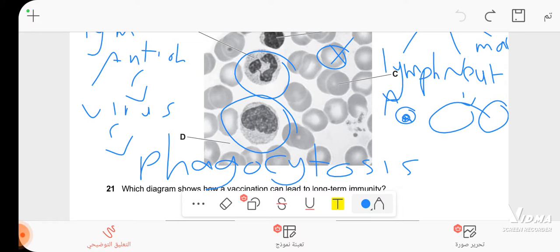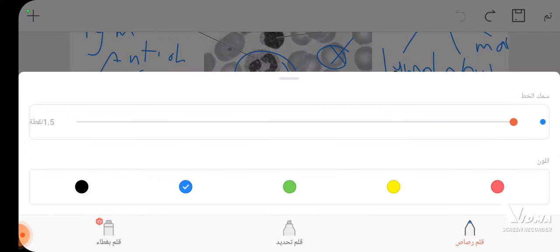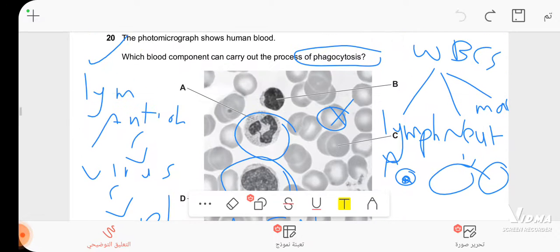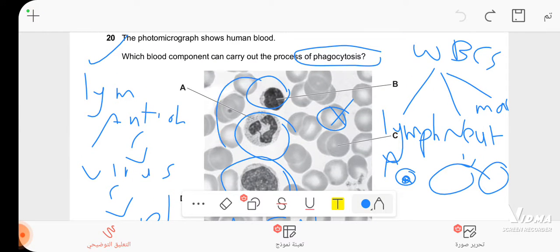So after killing virus or bacteria by this lymphocyte, they will engulf it. This is lymphocyte, which produces antibodies which will kill the microorganism or bacteria, and then it will be engulfed by the neutrophils.